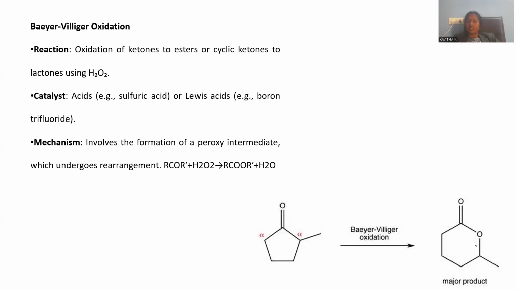This is a kind of insertion reaction. Both the alpha positions are compatible in nature, and both compete to react with hydrogen peroxide. But specifically, hydrogen peroxide inserts the oxygen wherever hindrance is more. That is the preferable direction to get the major product in the Baeyer-Villiger oxidation.